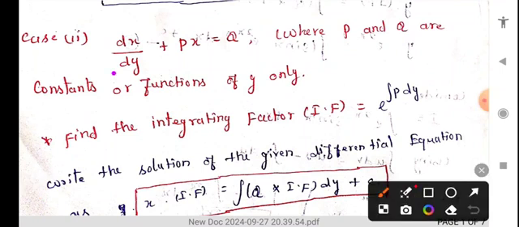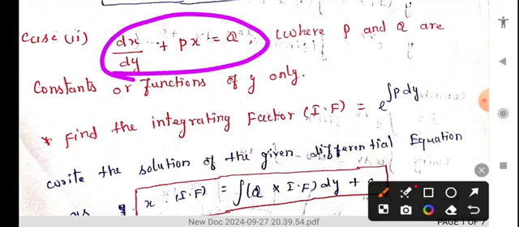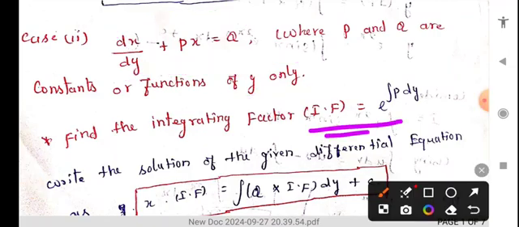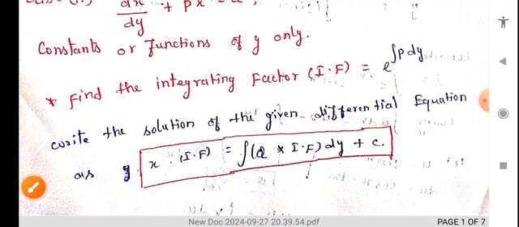But here, in case 2, the linear differential equation is with respect to y. So the integrating factor is e power integral over p dy, instead of p dx. Okay, so the integrating factor is e power integral over p dy.